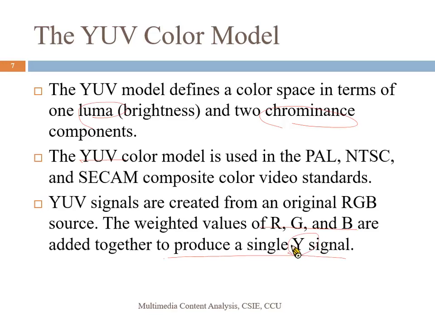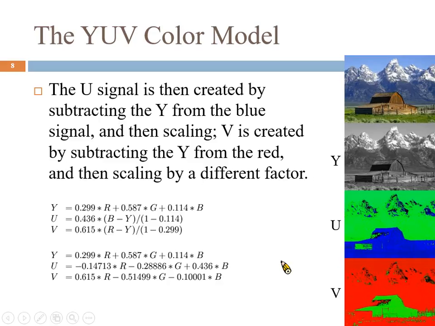So Y is the luminous information, and U and V are the chrominous information. The U signal is created by subtracting the Y from the blue signal and then scaling. V is created by subtracting the Y from the red and then scaling.